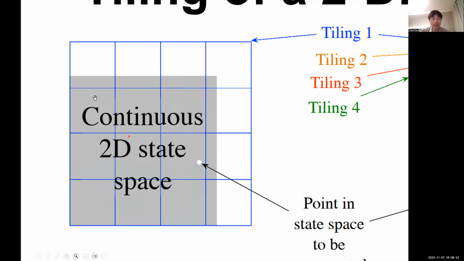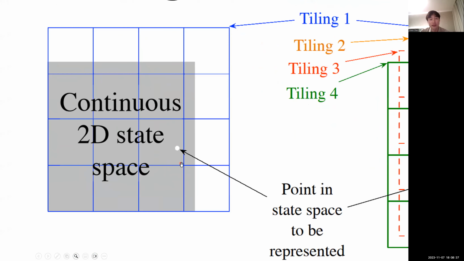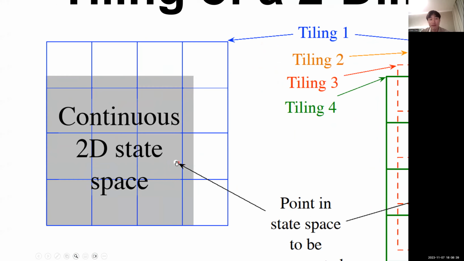For example, you have this continuous 2D space. If you use this partition, one partition, in each partition they have these multiple cells. Each cell is called a tile. Then for a particular state, this point in this state space can be represented by one particular cell.